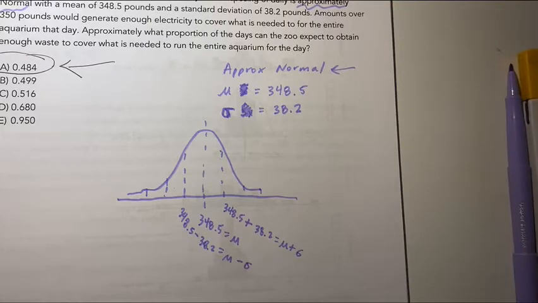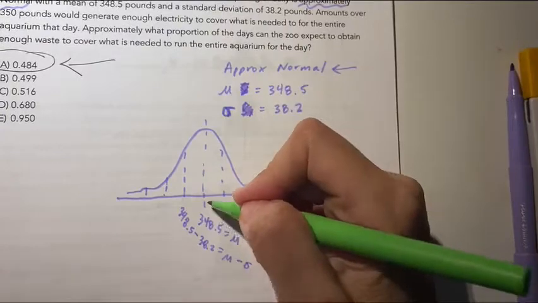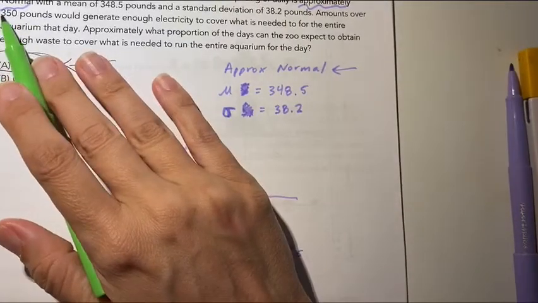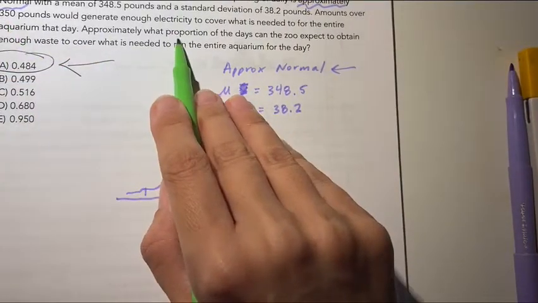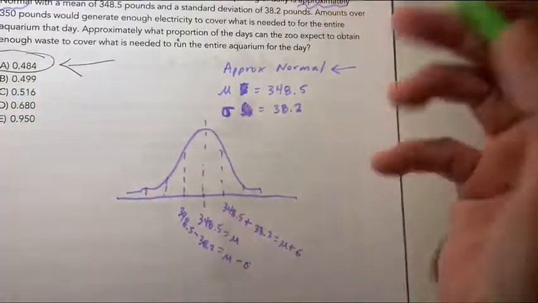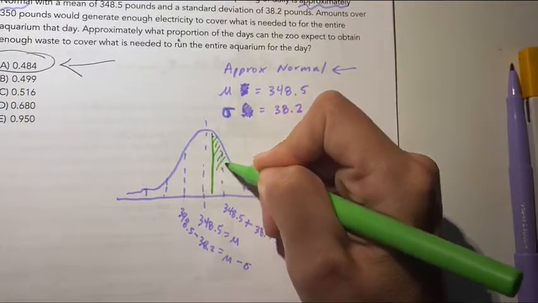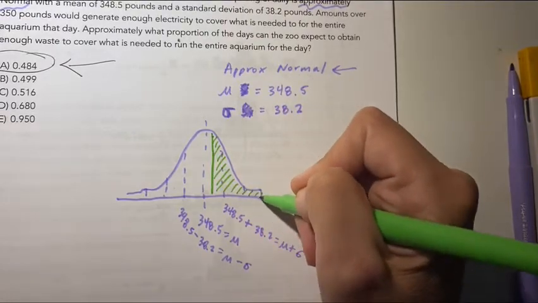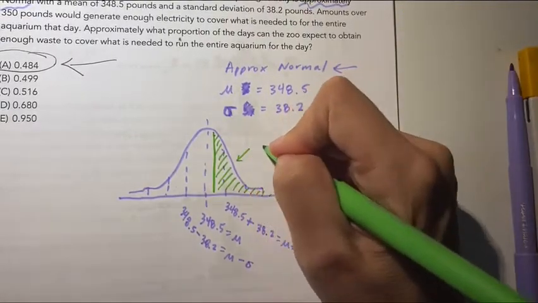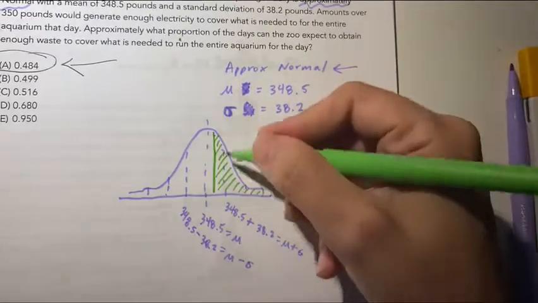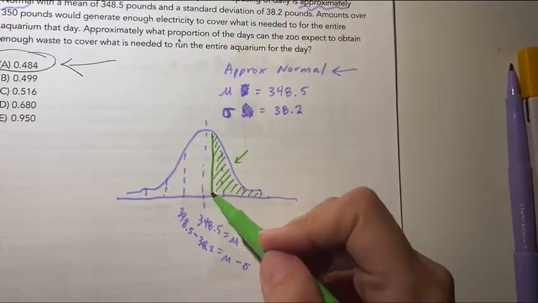And so what is it they're looking for me to do? They're saying, what's the proportion of the days it would be over? So that's kind of asking for the probability, and that looks like something like this. How we calculate that is we calculate the area under the curve, also known as our p-value. What is the area under the curve, 350 or greater?